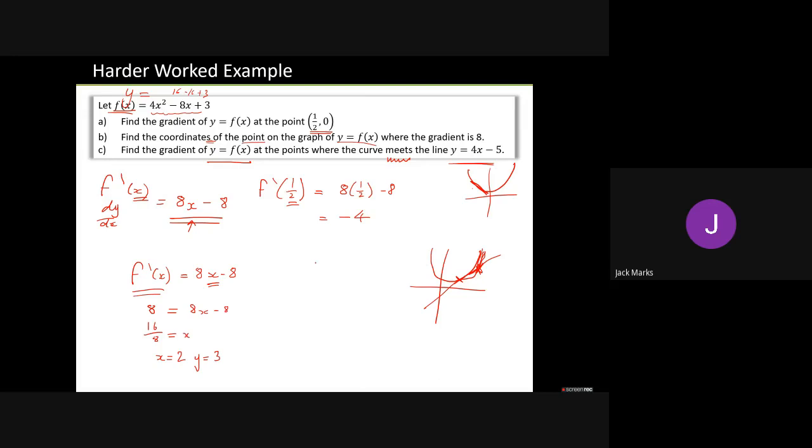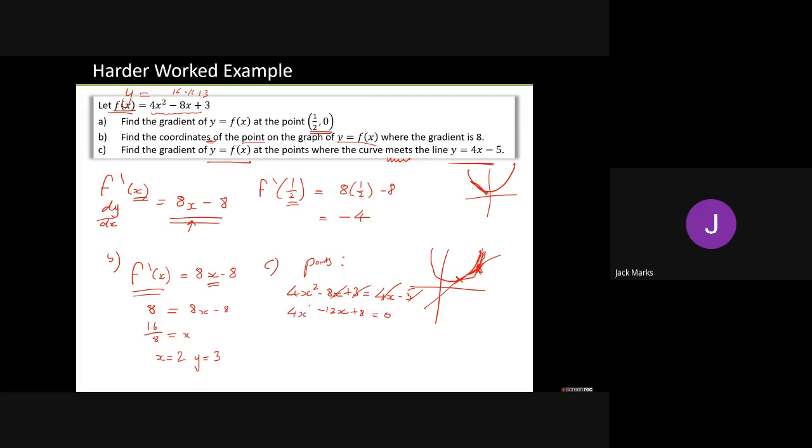So where are the points? Let's find the points for part C first. The points are when 4x squared minus 8x plus 3 is equal to 4x plus 5. Take away 4x from both sides, will give you minus 12x. Add 5 to both sides, will give you 8 equals 0.